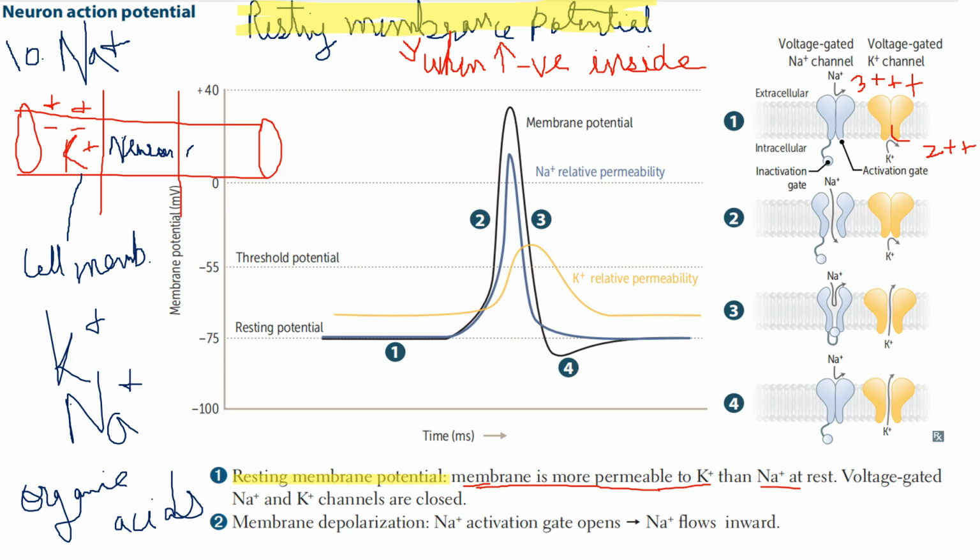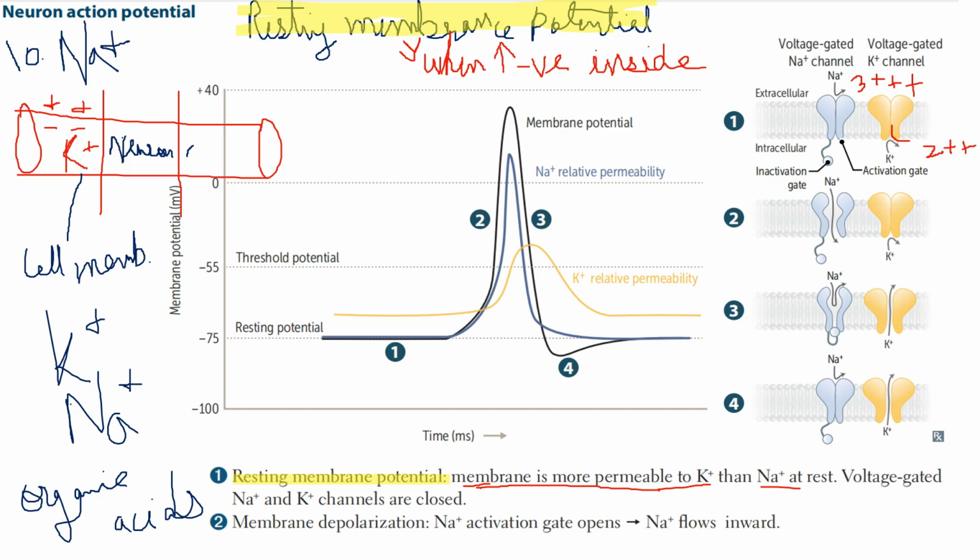So if the potassium ions are leaking out, then we will see less positive ions inside.